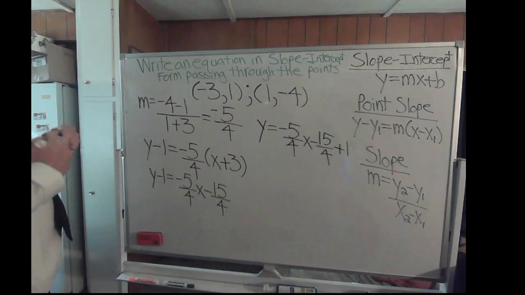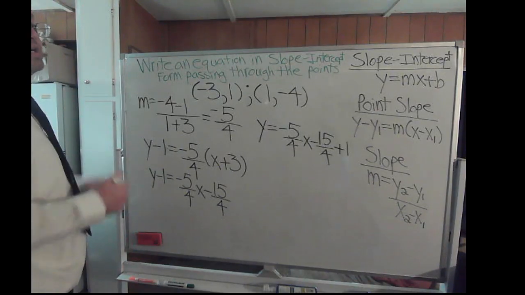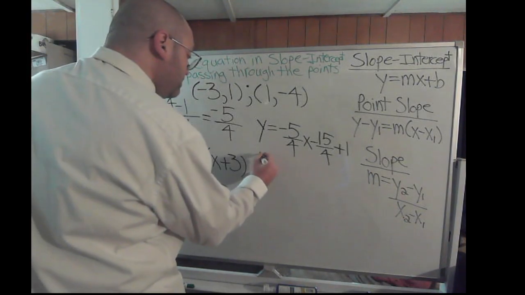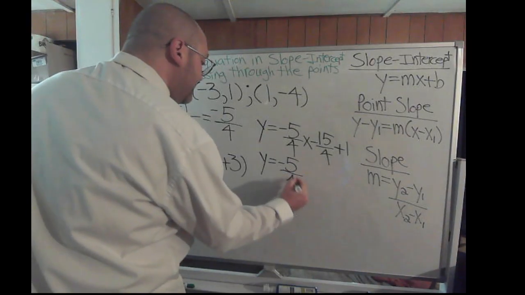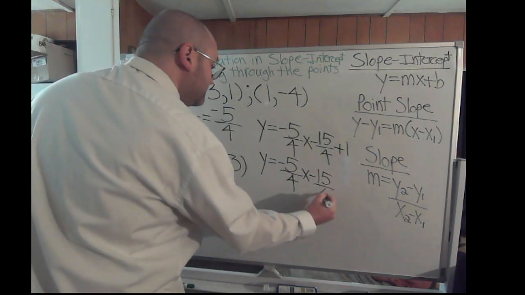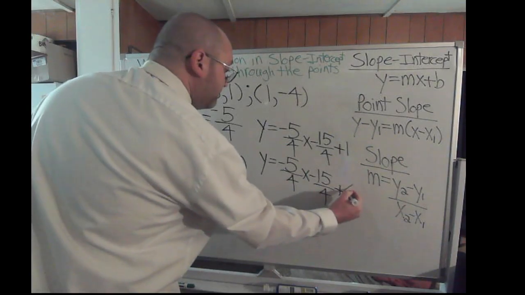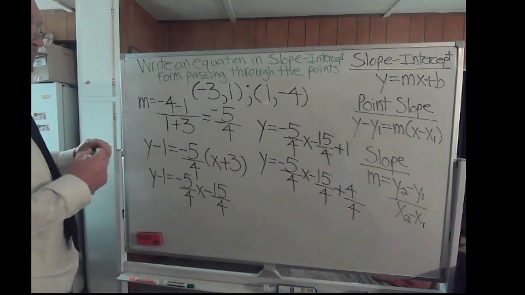Well, again, we got a fraction and a whole number to add. Well, we know 1 is 4/4, right? Y equals negative 5/4 x minus 15/4 plus 4/4. Now we got this in a form we can work with.